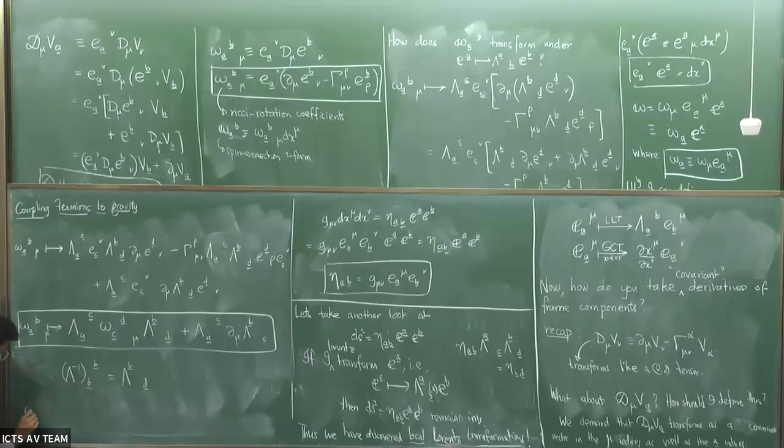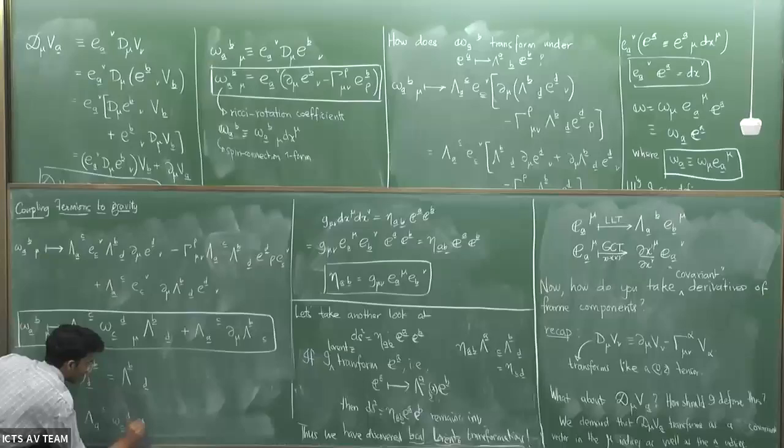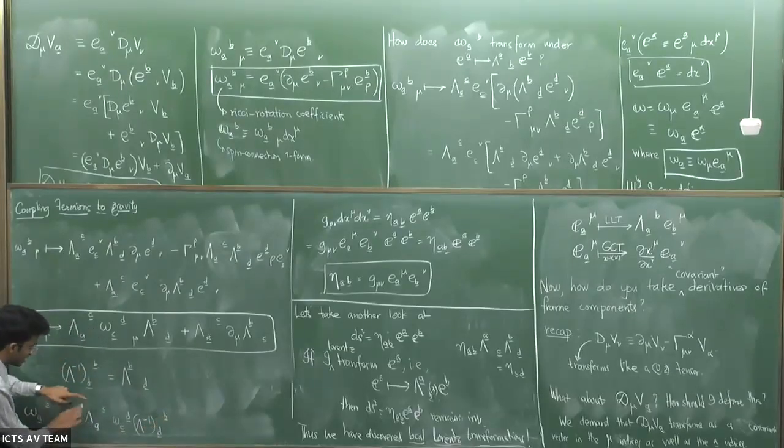So then omega transforms very nicely. Since I've really given you the answer, you can ignore what I'm going to write now, if you don't want to write it in this language, because I want to write it in a pretty form. Omega C D lambda inverse dB. Now the indices just go in a chain.